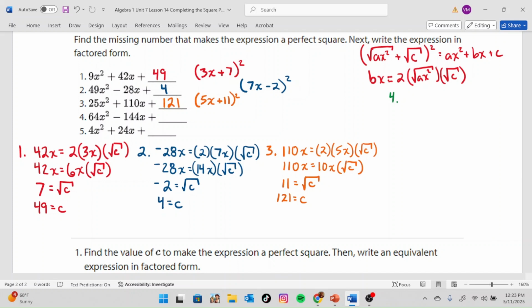Number 4. Bx is negative 144x, which equals 2 times the square root of ax squared. The square root of 64x squared is going to be 8x times the square root of c. 2 times 8x is 16x.